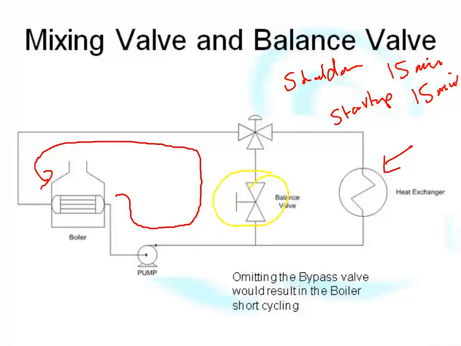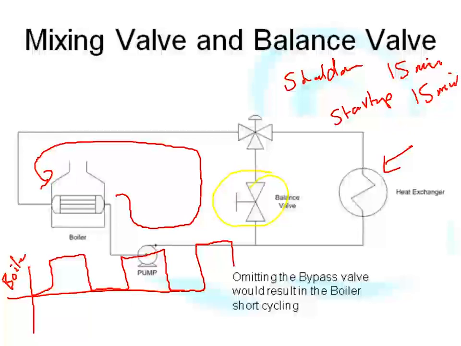So then it starts up and it runs for a little while, and then of course it goes on to bypass and it shuts down. So what the boiler is doing is it's going on, off, on, off, on, off.